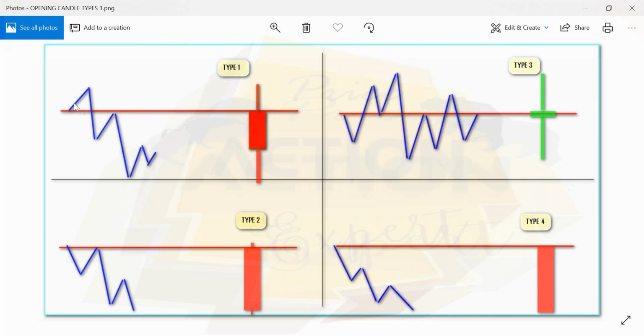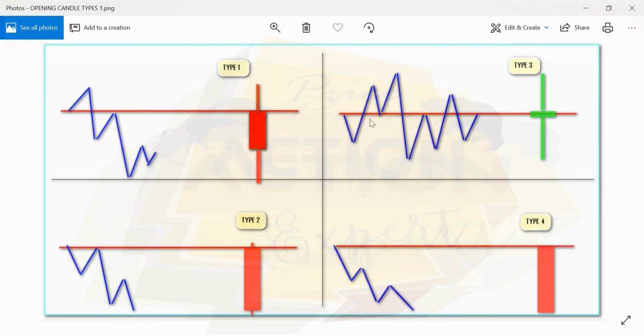The price starts from here to here, and again it breaks the opening candle down, and again retests the opening candle and goes up. This is type 1. At the end of the day, this is the candle you are likely to see. Type 2: it comes down and again retests the opening candle, and it breaks the previous low, and it drops. It tries to break, but it couldn't.